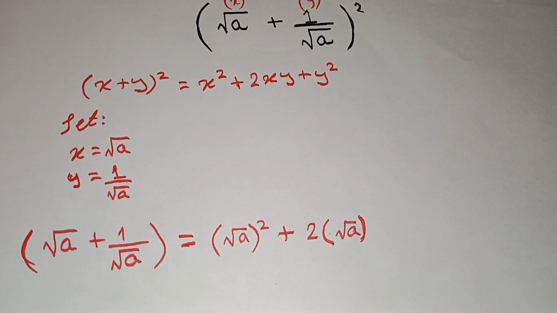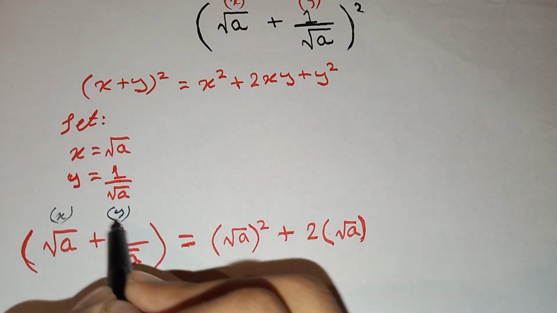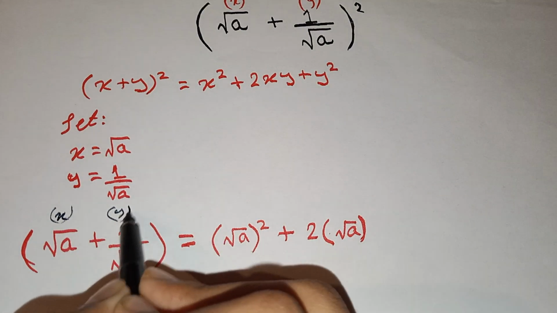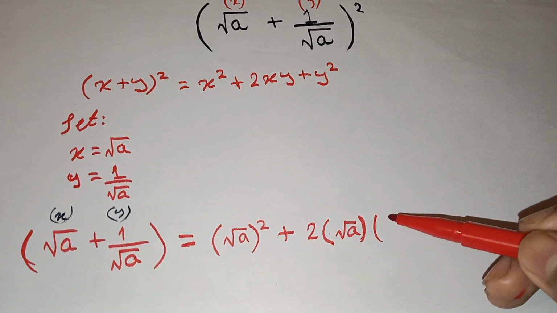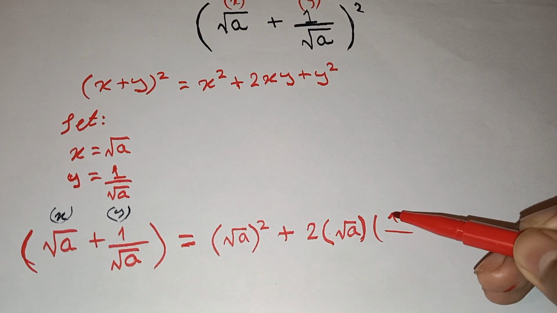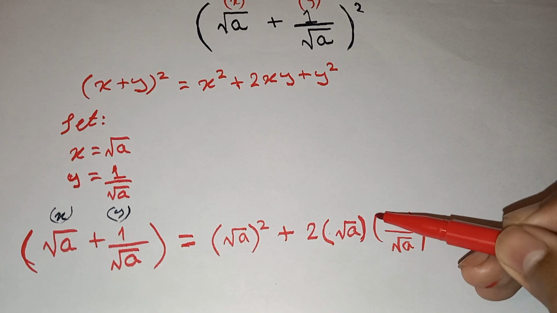Don't forget to identify what is x and what is y. Simply this is x and this is y. You just have to identify them. So 2 times square root of a, and y is 1 over square root of a.